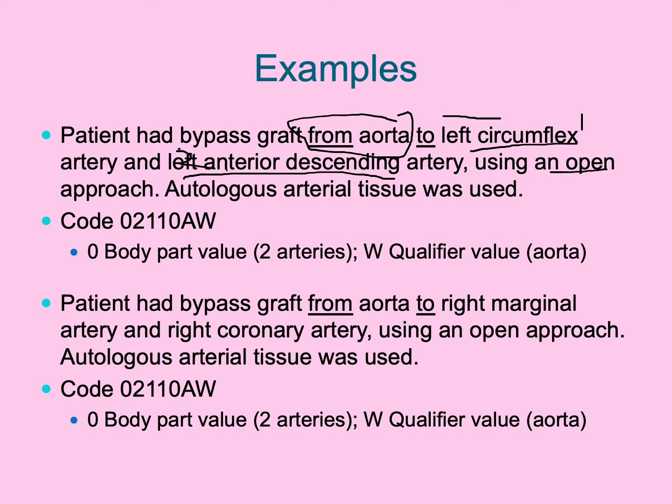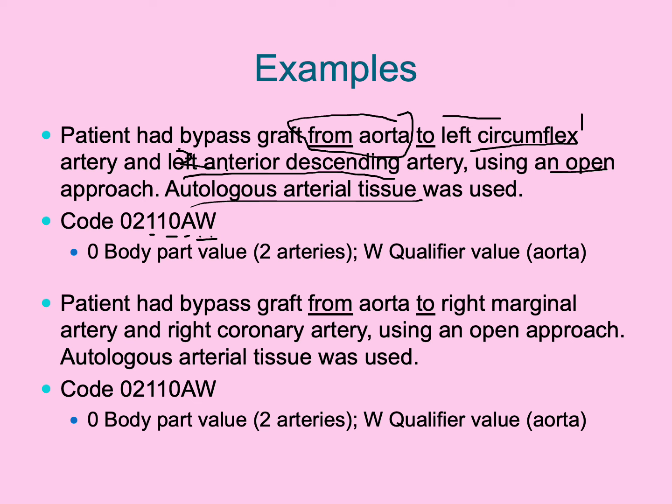Open approach, autologous arterial tissue. So that's 0, 2, 1, 2 coronary arteries, open, autologous, aorta: 02110AW. Okay, so that's one example.